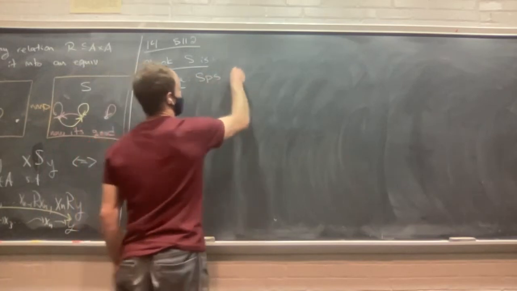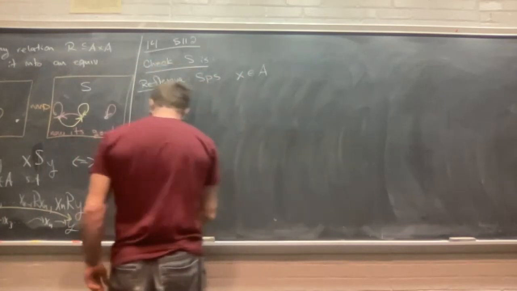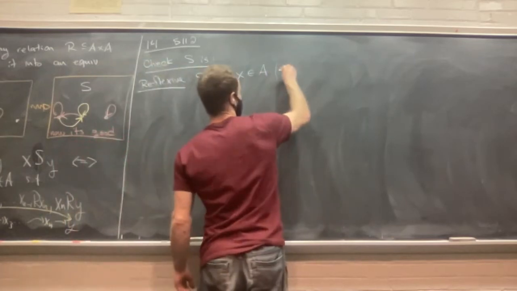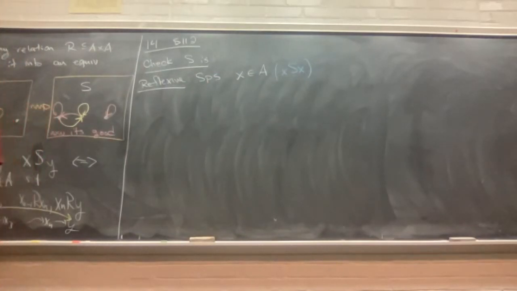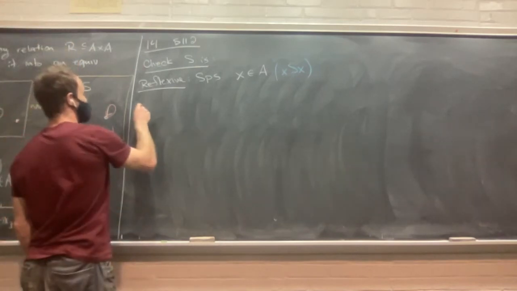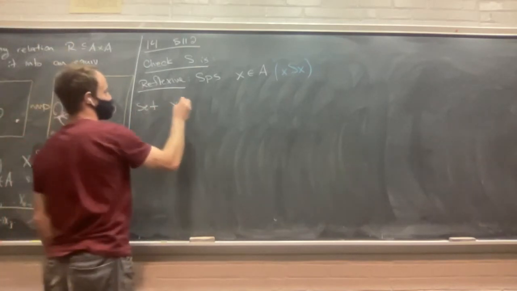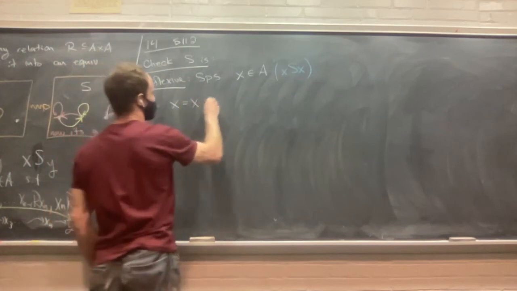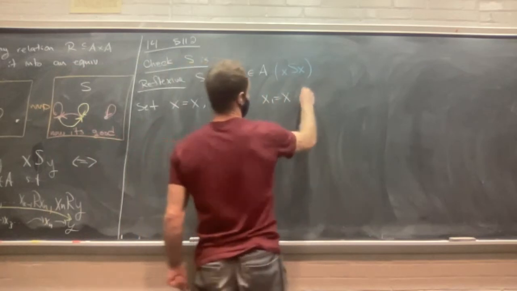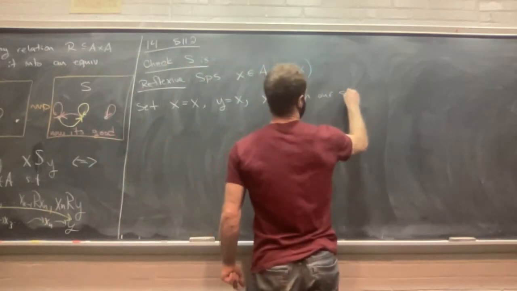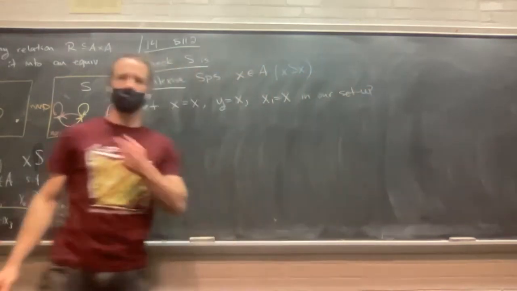let's suppose that X is in A, and then we'll point out that what we want to show is that X S X. So X is related to X via this would-be equivalence relation S, right? Okay, well, let's notice. So let's set X equal to X, Y equal to X, and X1 equal to X in our setup, right?